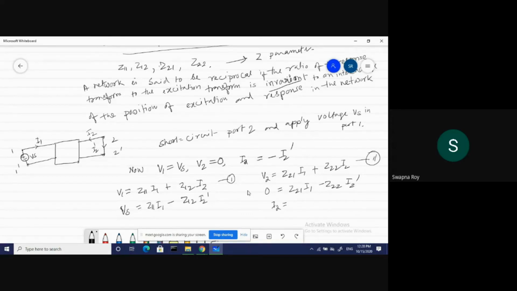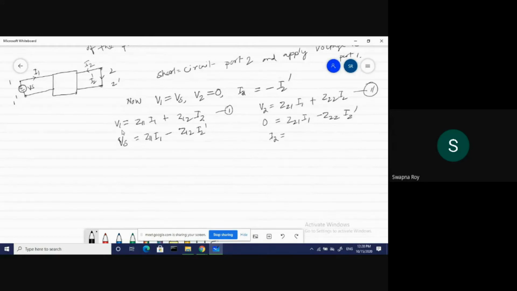Now how to find out the I2 dash? So again in the form of matrix, what I am getting: V1 is equal to Vs, so this is Vs, V2 is equal to 0, equal to Z11, Z12, Z21, Z22, and this one is I1 and minus I2 dash.